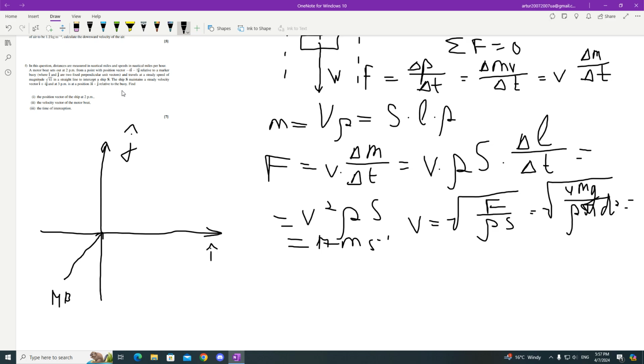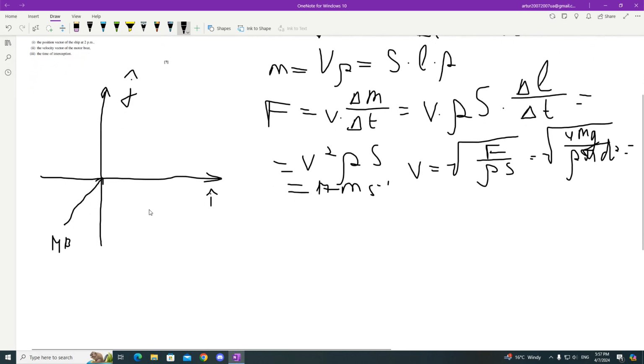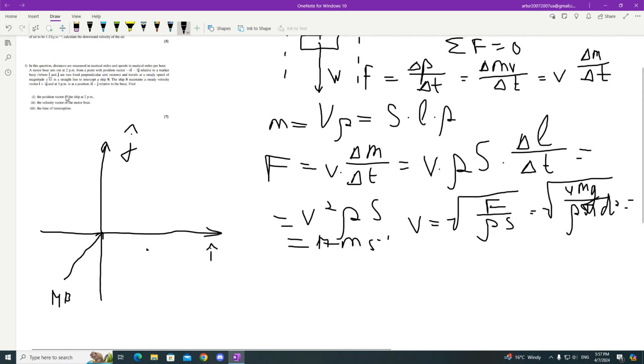We also have the ship. The ship has a position at 3 p.m. of 3i minus j, so it's approximately here. And we also have the velocity vector i plus 4j. We can draw it here, because it's the velocity vector of the ship, but we can also move it onto a parallel line. So the velocity vector of the ship is here from this position.